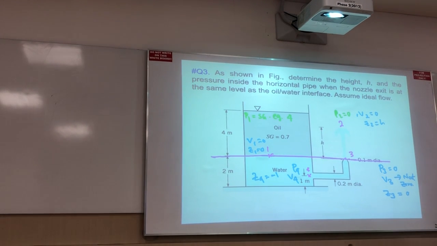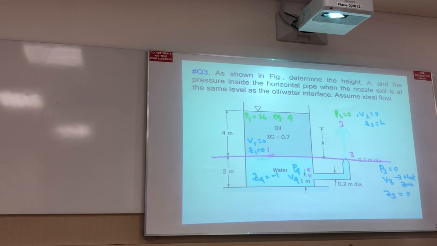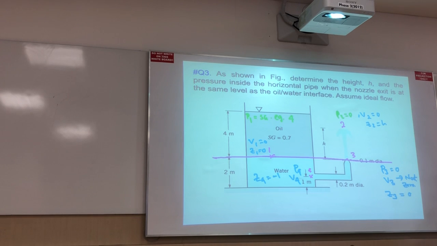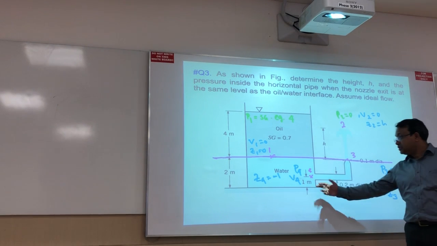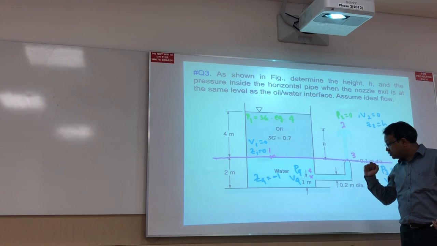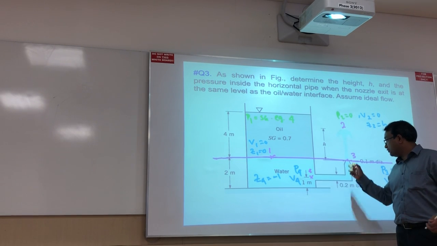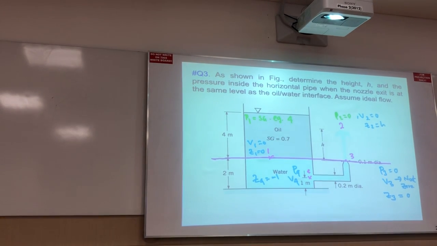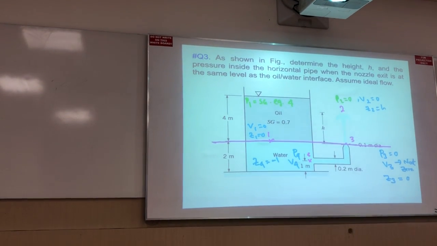Now I do the Bernoulli's equation between 1 and 2, 1 and 3, 3 and 4, whatever I can do. Right? Because I choose everything here. Then I can do the continuity equation between 4 and 3 in order to find the relationship between velocity V4 and V3. Done. Alright? So my question is solved.